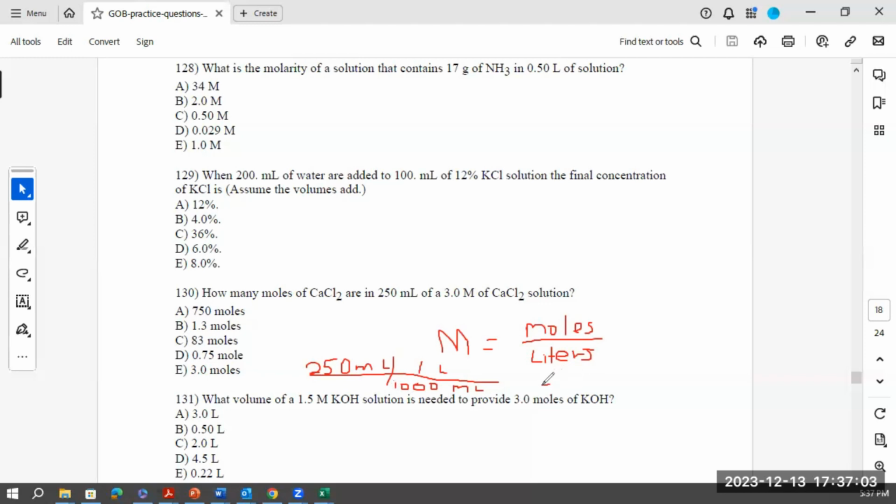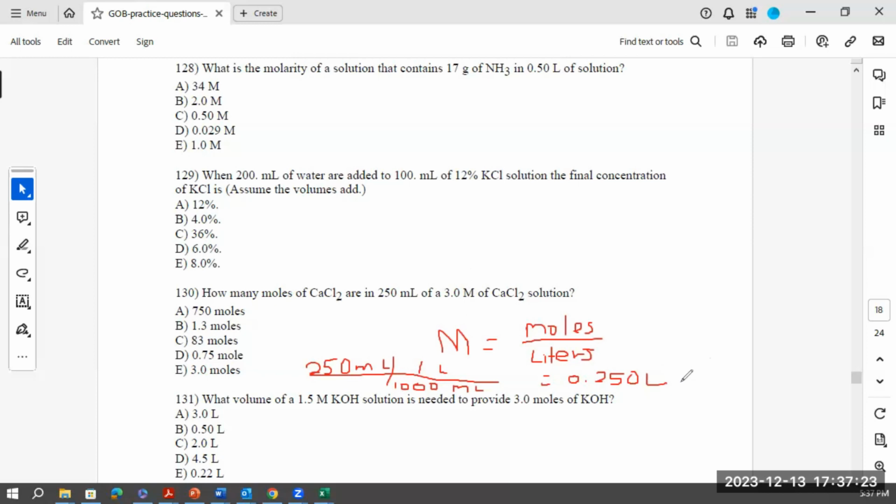So that's going to be 0.25 liters. And then we multiply that by that value, and that's how we would get our number of moles.